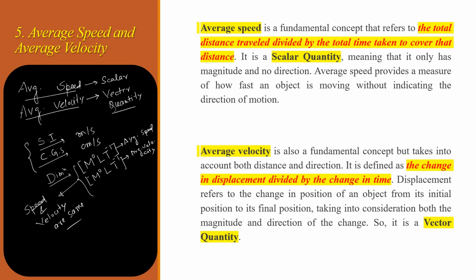Let us consider the first one, average speed. It is the total distance traveled divided by the total time taken.